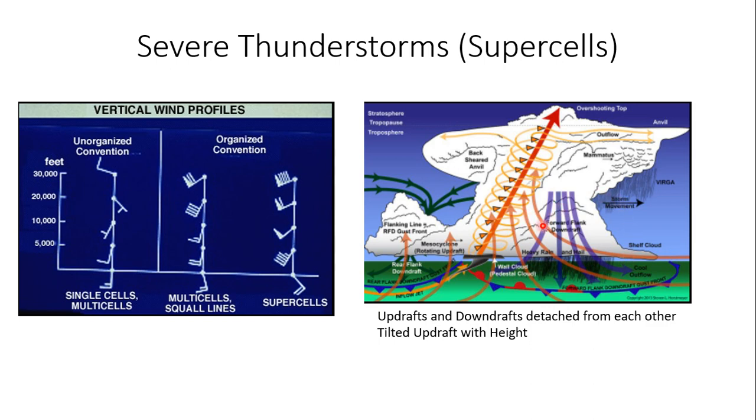You got the forward flank downdraft, and then you got this very strong tilted updraft with the cloud tops overshooting into the stratosphere. Okay, you got this characteristic anvil. You get a good outflow aloft over this thing, and you get rotation.